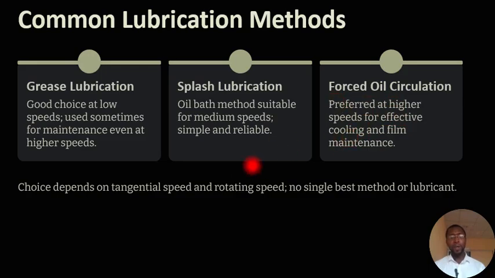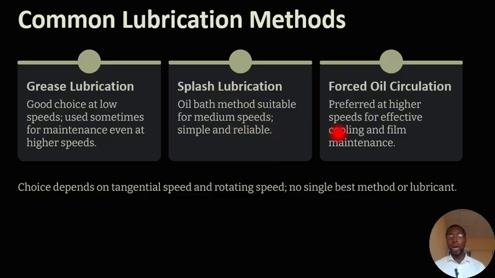In summary, the choice of this method is dependent on the operating speed and rotating speed. However, there is no single best method or lubricant. Any of the methods is good to use as lubrication.